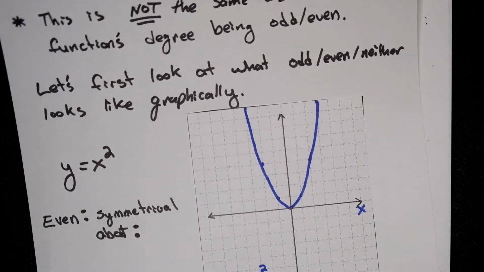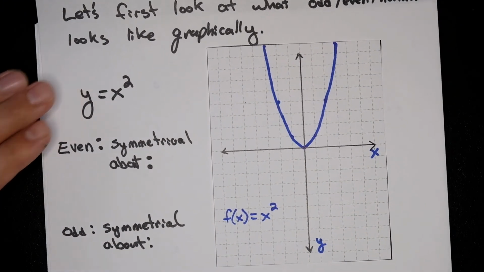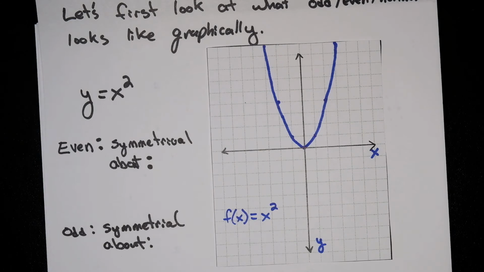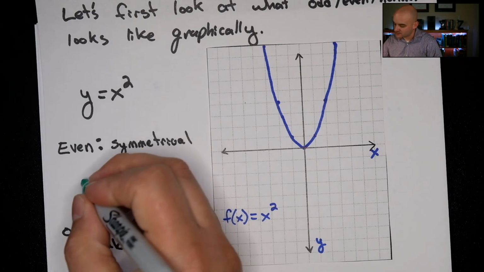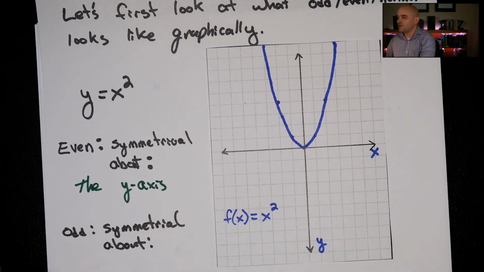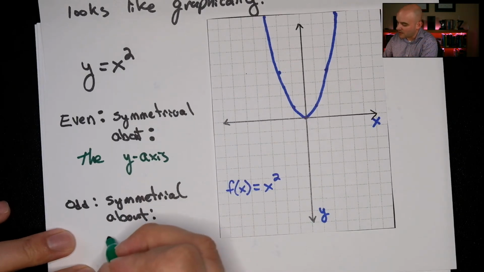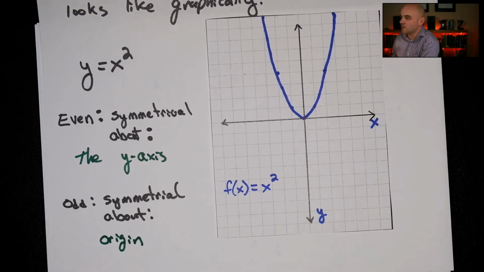And here are two key notes you need to know about it graphically, whether it's odd or even. If it's even, then it's going to be symmetrical about the y-axis. And if it's odd, it's going to be symmetrical about the origin. And we'll explain what that means here in a moment. So about the y-axis means this.